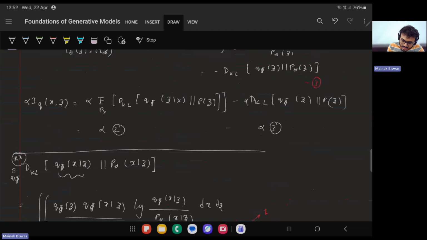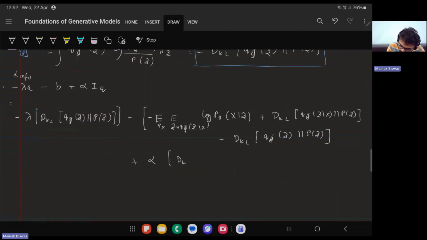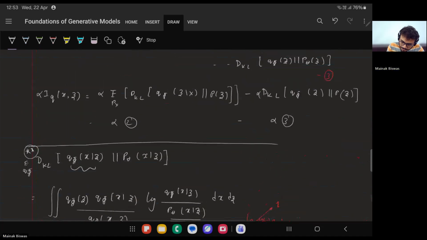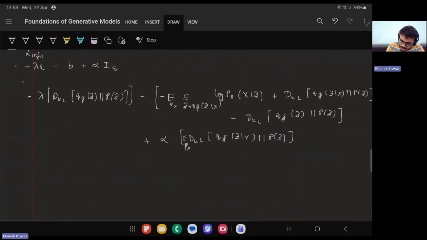Plus alpha times the KL divergence, the DKL of course, over x, p of x, the distribution of x, q phi of z given x and p of z. This term, and I have a prior matching term.